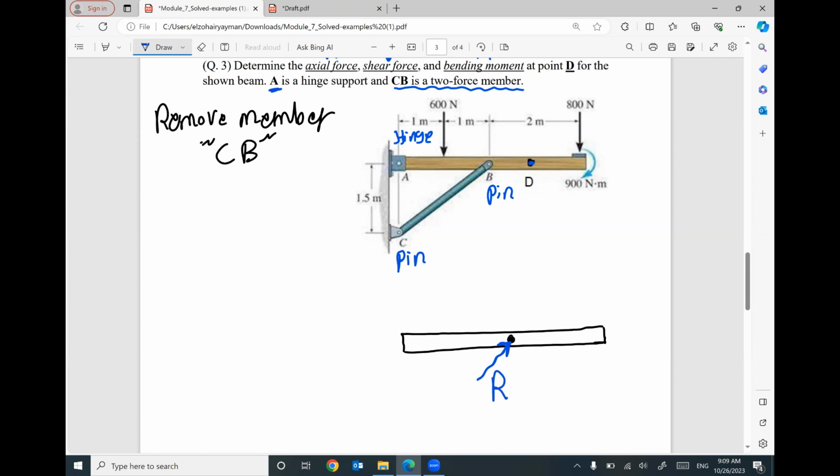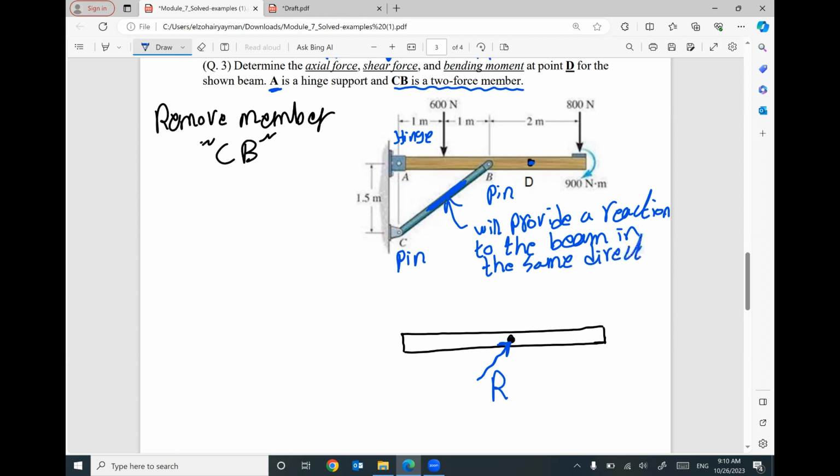That makes sense? So this two-force member will provide one reaction to the beam in the same direction of the member. Since this member is inclined like this, your reaction will be inclined like this.